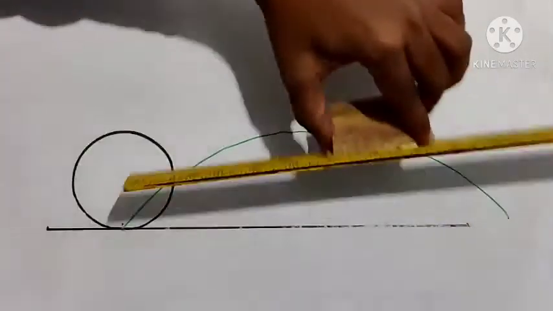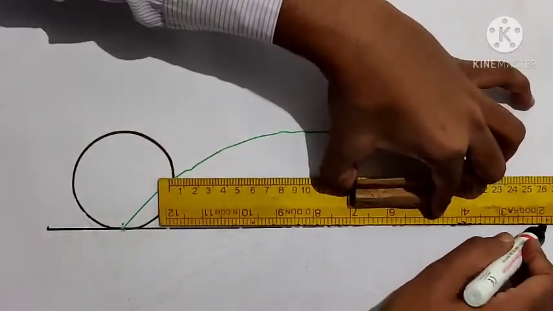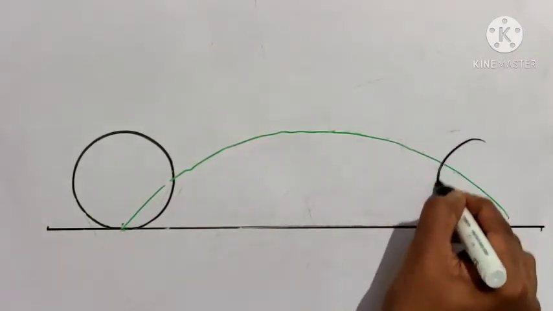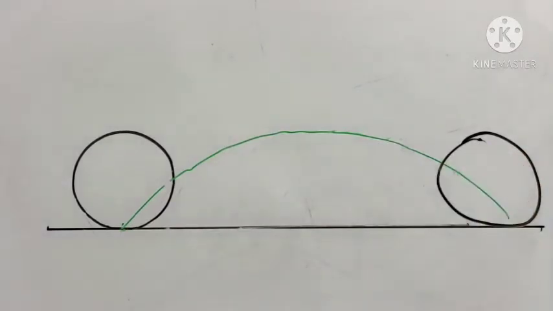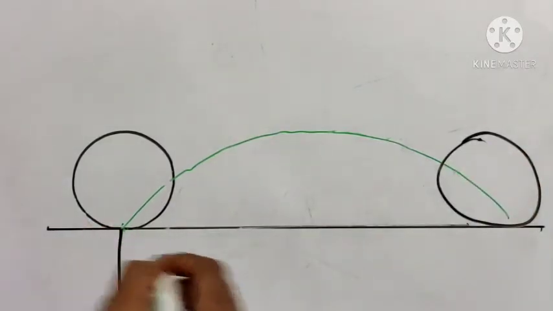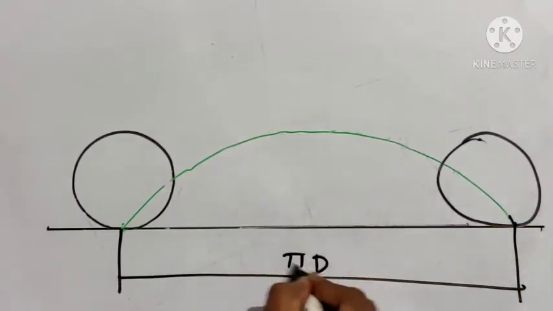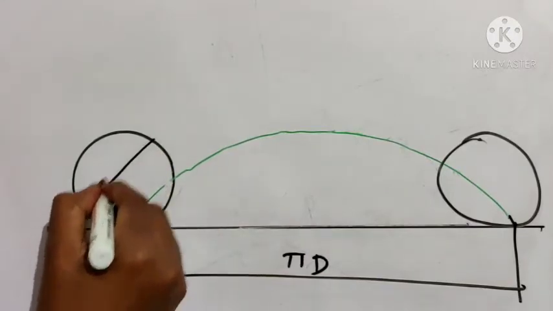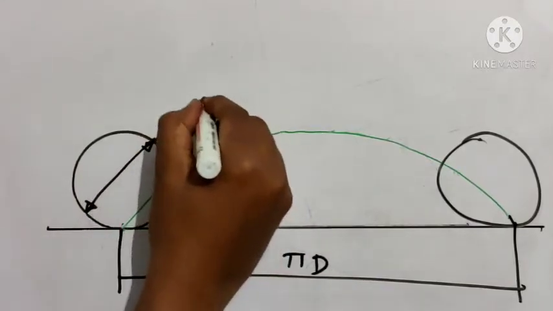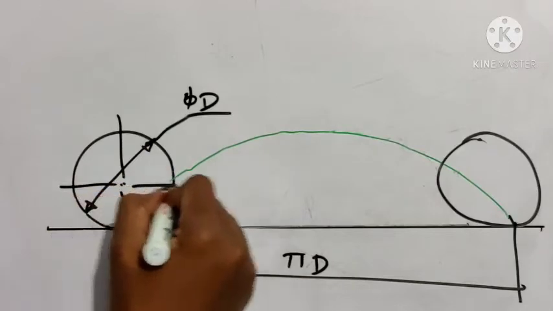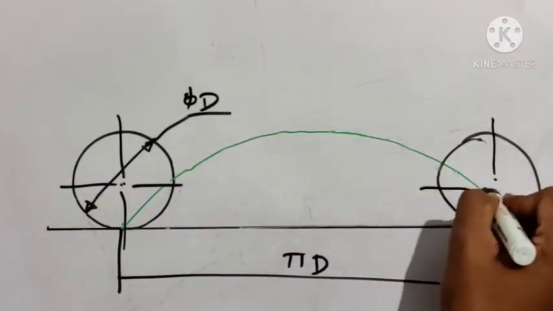If you look at this, this is the curve, the green color arc. This is the curve traced by the point P. So finally the circle will reach somewhere here. The distance between the starting point of the curve and the ending point of the curve will be pi d, and d will be nothing but the diameter of this generating circle.